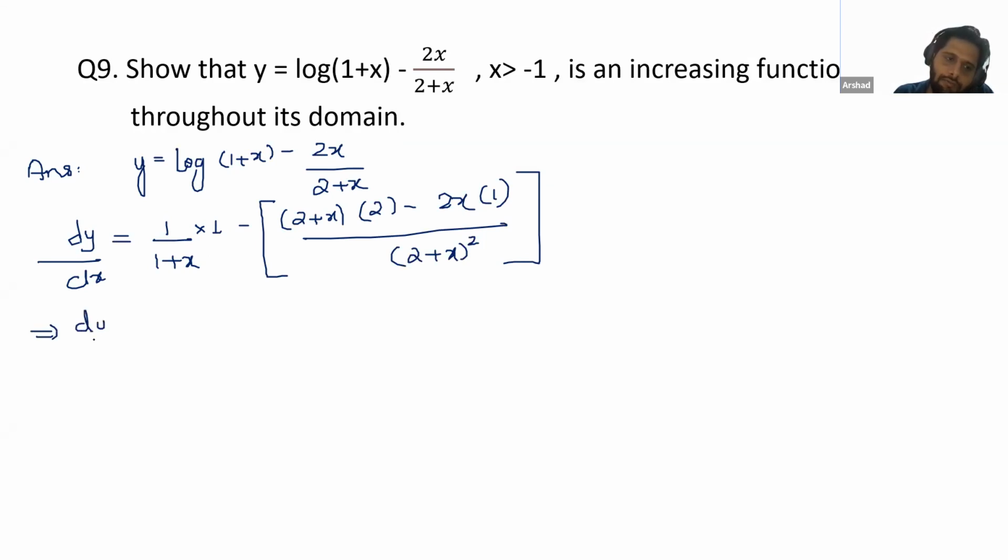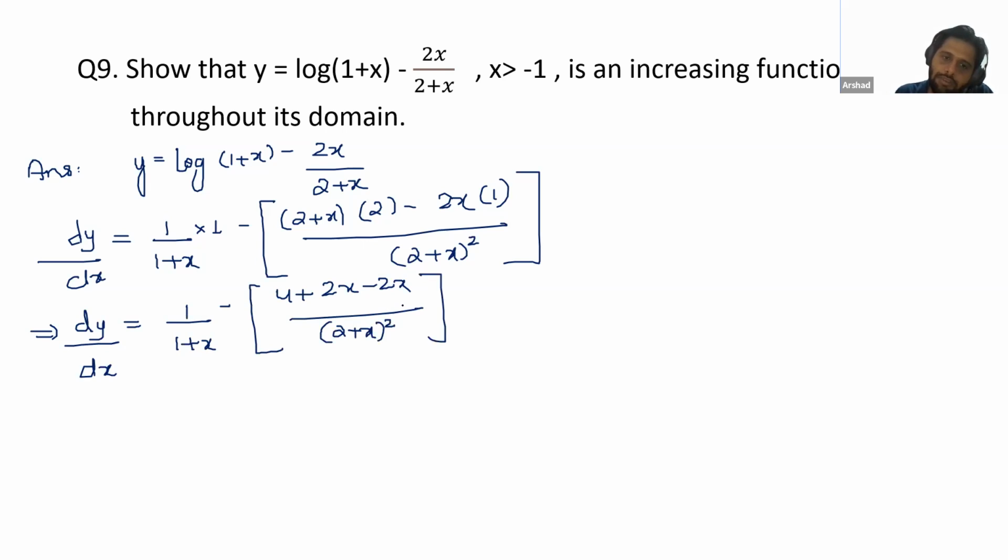So dy by dx is equal to 1 by 1 plus x minus, open this bracket, 4 plus 2x minus 2x by 2 plus x whole square. So cancel out this 2x. So what you will get here, dy by dx is equal to 1 by 1 plus x minus 4 by 2 plus x whole square.